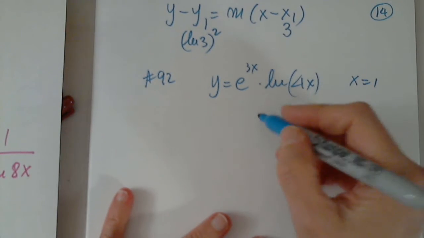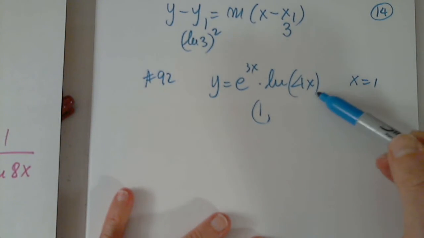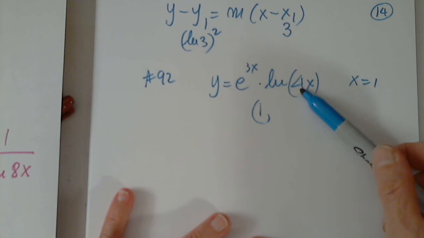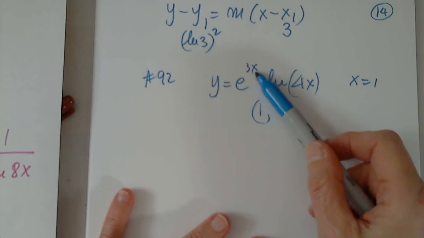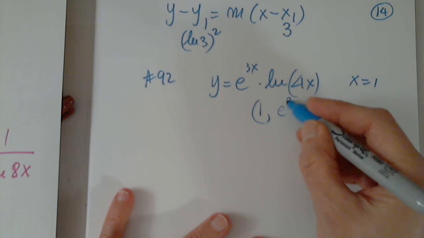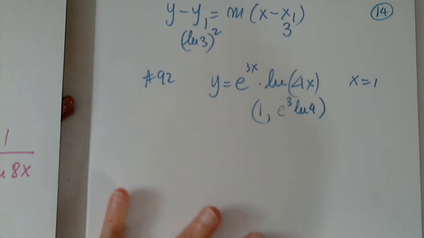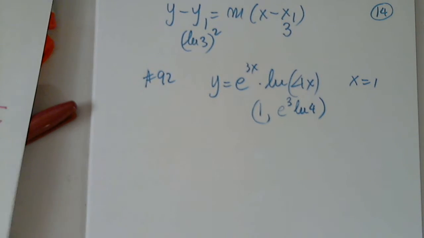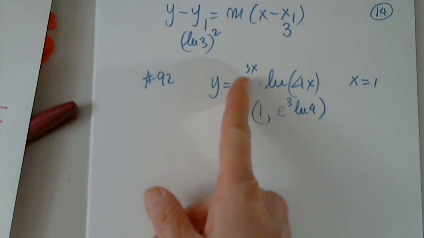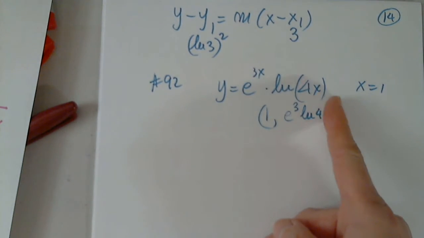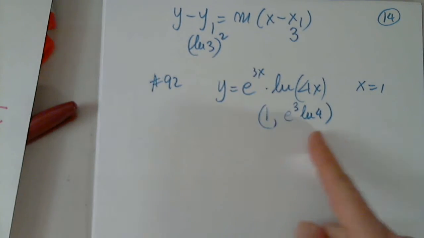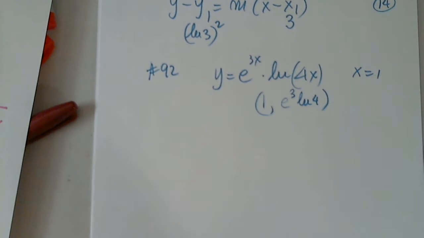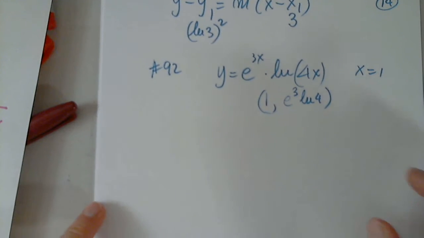So again, I need the point, 1 comma. So when I plug in 1, this is natural log 4. When I plug in 1, this is e cubed. E to the third natural log 4. That would be the y coordinate of the point. I may approximate it at the end. We'll see.